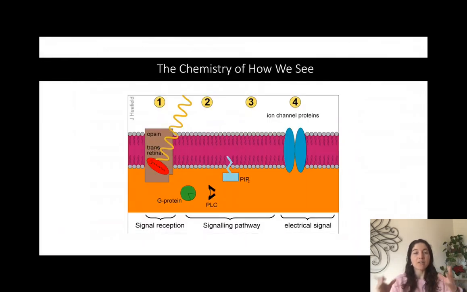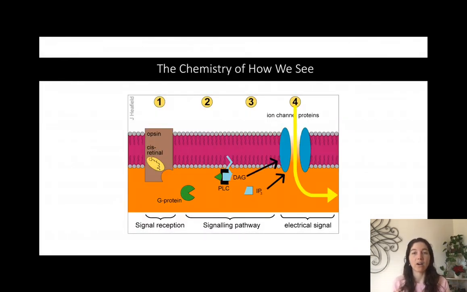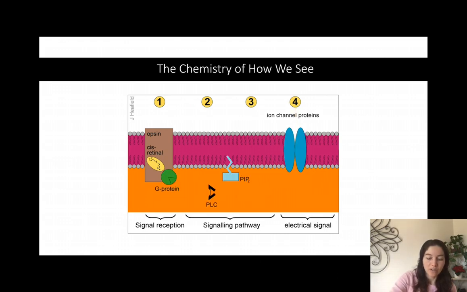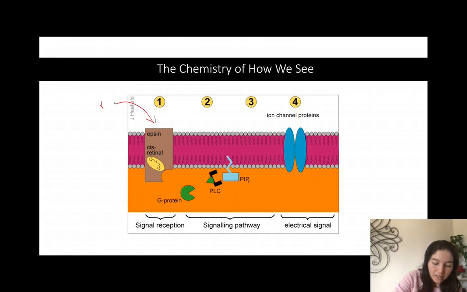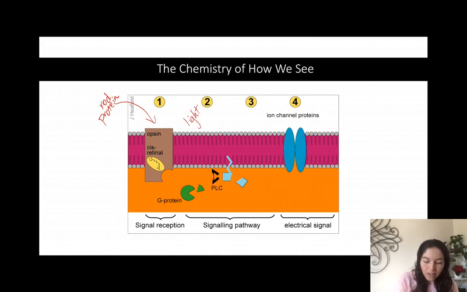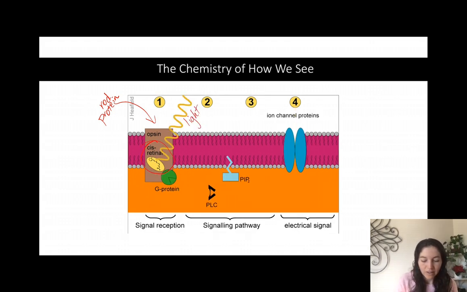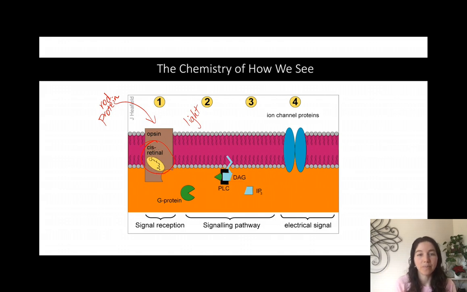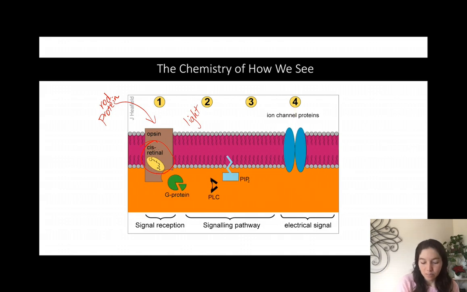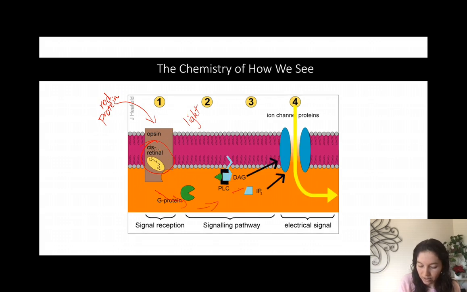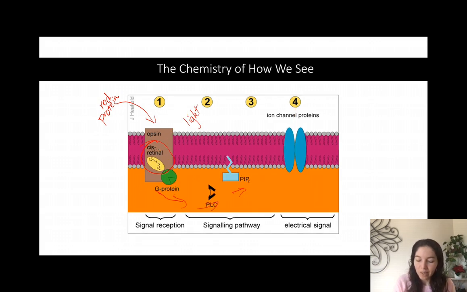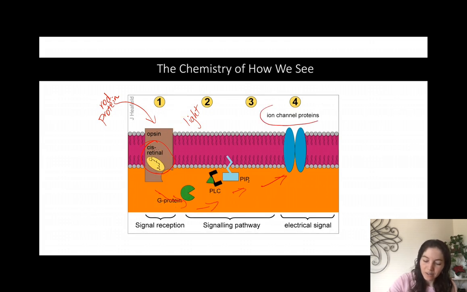So on a smaller scale, here's kind of what's going on inside of each of these rods. This is the rod here. This is a protein. And what we're saying is the light energy is incoming. And when it hits this cis-retinol, it turns it into trans-retinol. And what that does is it causes this protein cascade here with the G protein, which attaches to this PLC, which attaches to this PIP, and all kinds of other stuff. And it goes over here and opens an ion channel.